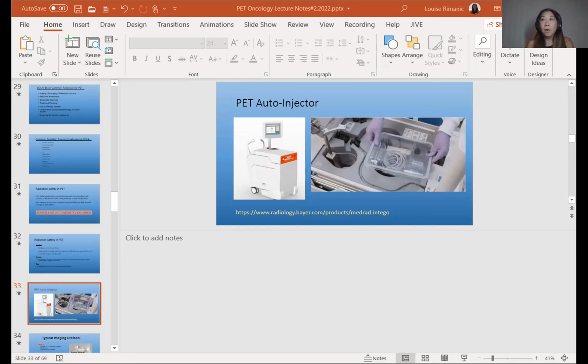Okay, so I want to talk a little bit about some of the common problems and pitfalls that can occur with PET imaging. I do refer you to the article in the Learning Hub. There's a couple of them on FDG imaging, pitfalls and artifacts, and then there's another one, pitfalls and artifacts in the use of PET-CT and oncology imaging.